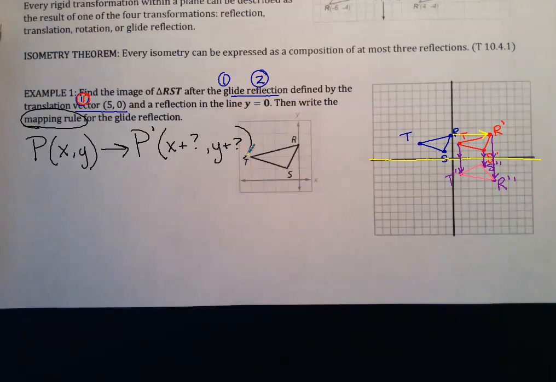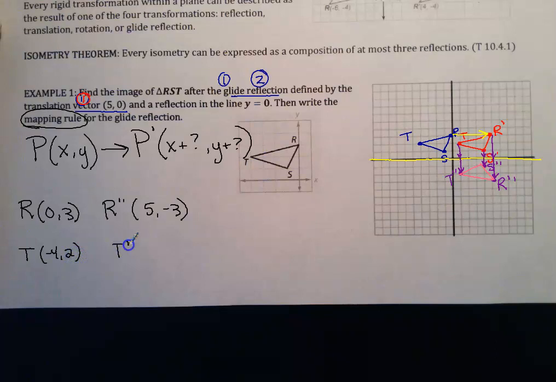So let's look at this. So let's look at R. Okay. What are the coordinates of R? The original coordinates. 0, 3. Okay. So what are the coordinates of R double prime? 5, -3. Okay. What are the coordinates of T? 4, 2.